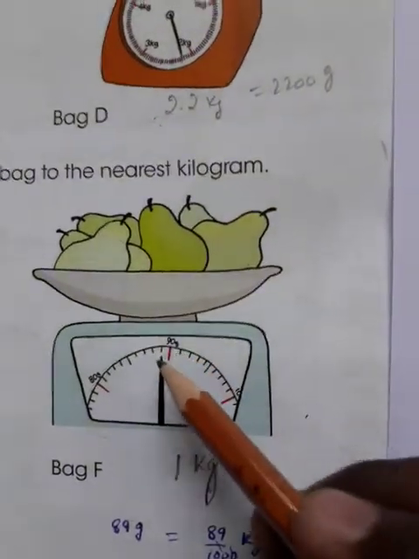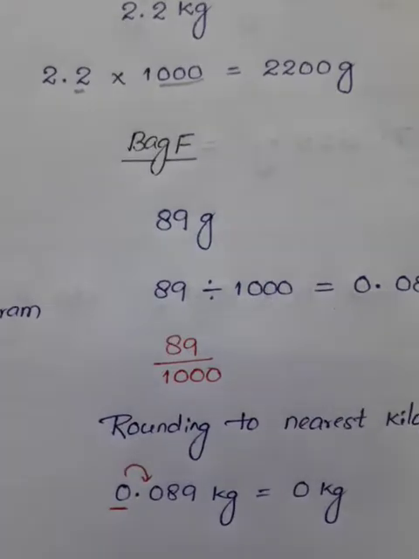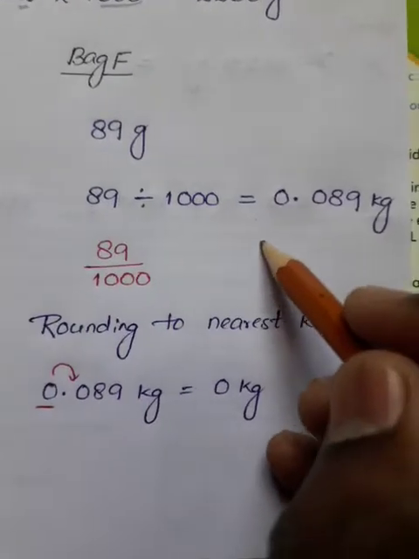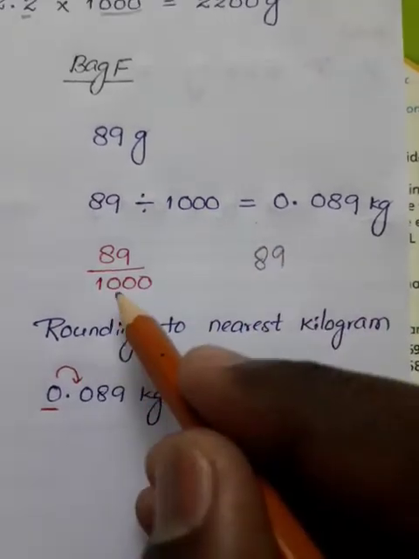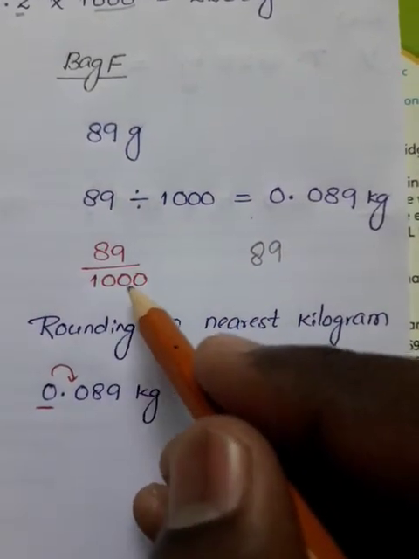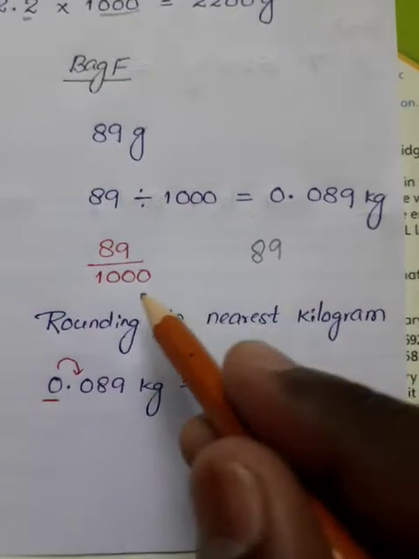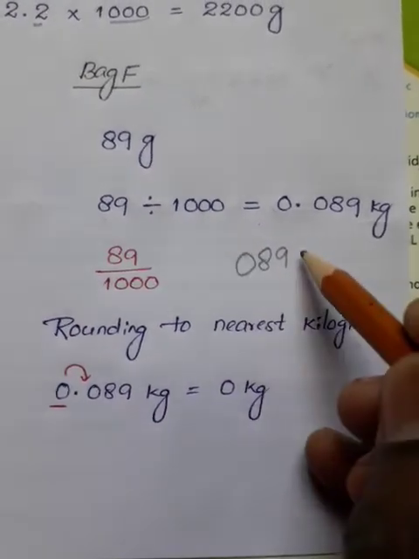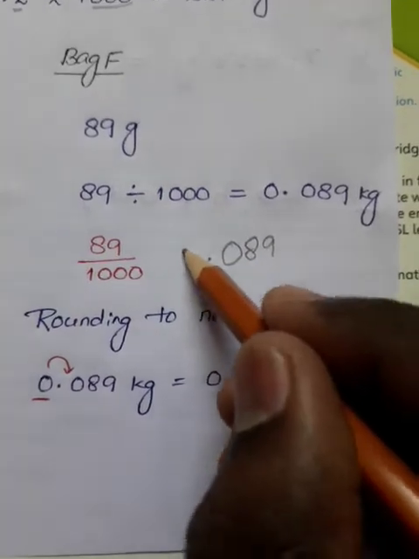Now if you check, this is 90. Before 90 is 89. So first of all, change 89 grams to kilograms, so it is divided by 1000. When I divide by 1000, I write 89. But if you look down here, there are three zeros. Whenever there are three zeros, from the right side, after three numbers I have to use the point. Here there are two numbers only, so I can add a 0 here. So it is 0.089.